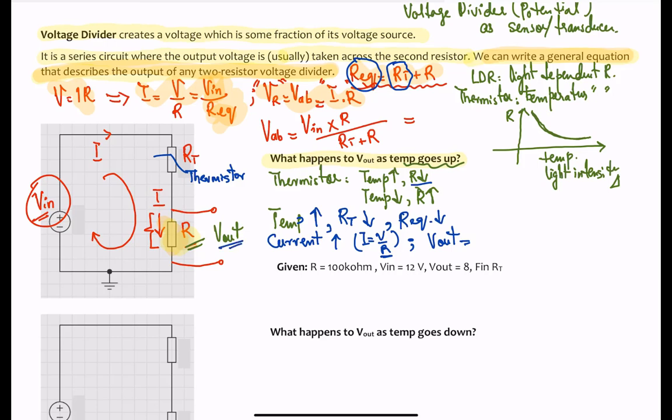If the current is higher, then V out is also going to be higher, because remember, V equals I times R. If I increases, voltage also increases. So when temperature goes up, V out also goes up.